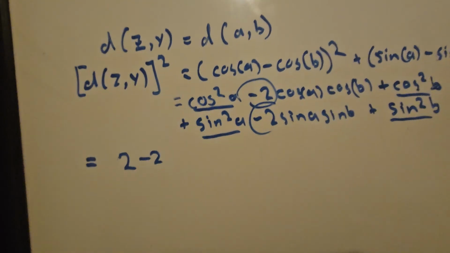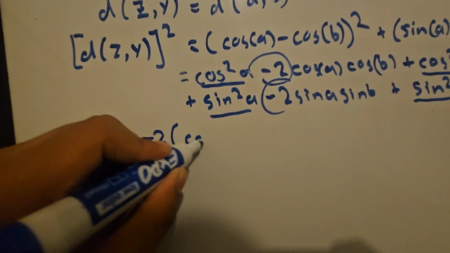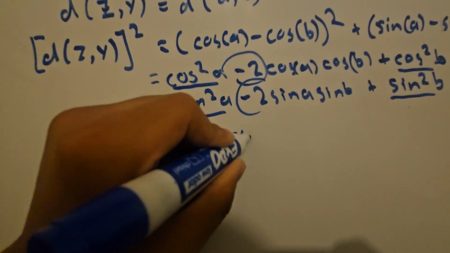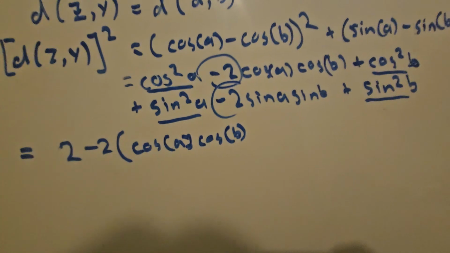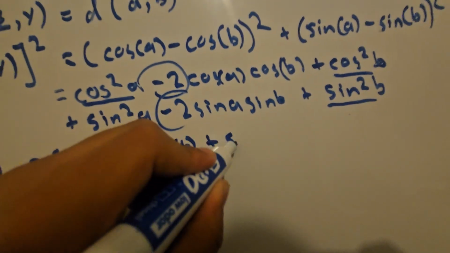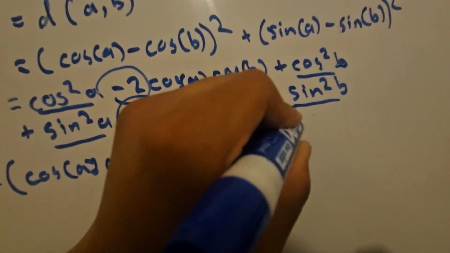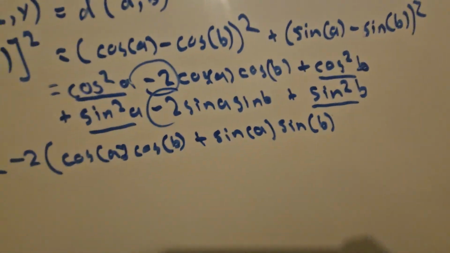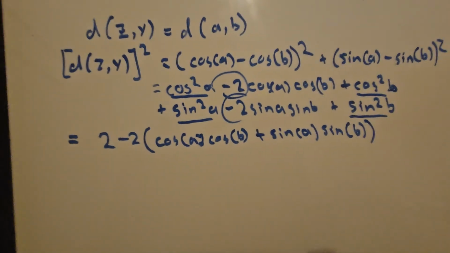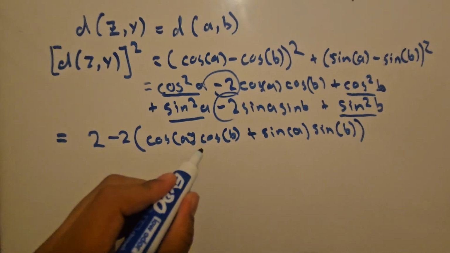So we're going to have a -2 and then parentheses: cos A cos B, plus, because now we have a plus sign because we factored out the negative, sine A sine B. Looking familiar already? Okay, so now we have that, right? Cos A, cos B, sine.